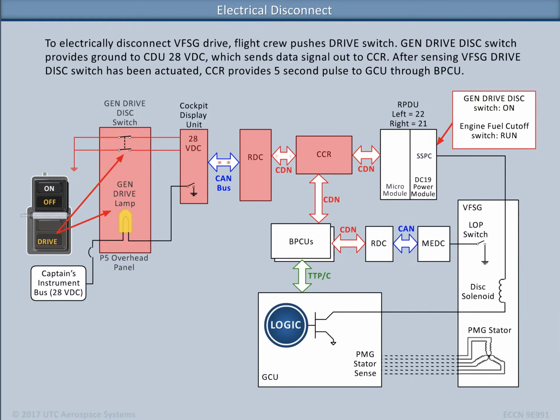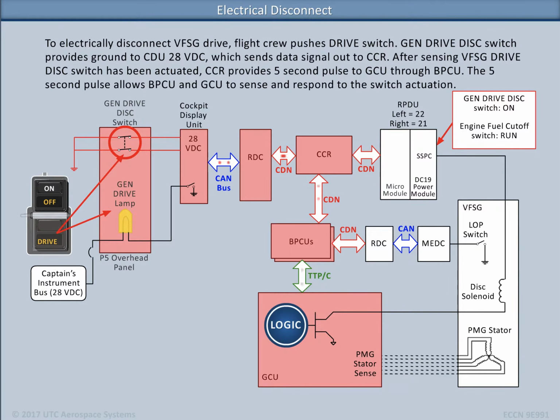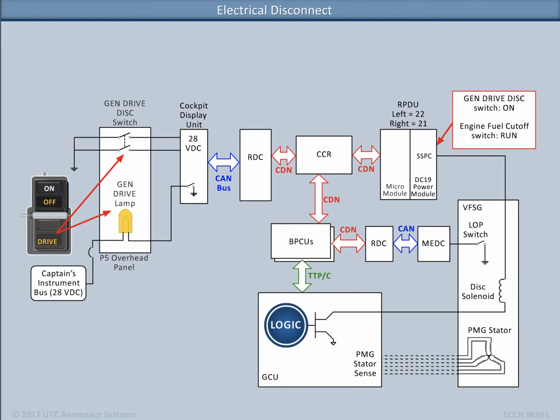After sensing that the VFSG drive disconnect switch has been actuated, the Common Computing Resource supplies a 5-second pulse to the GCU through the BPCU. The 5-second pulse allows the BPCU and GCU to sense and respond to the switch actuation.